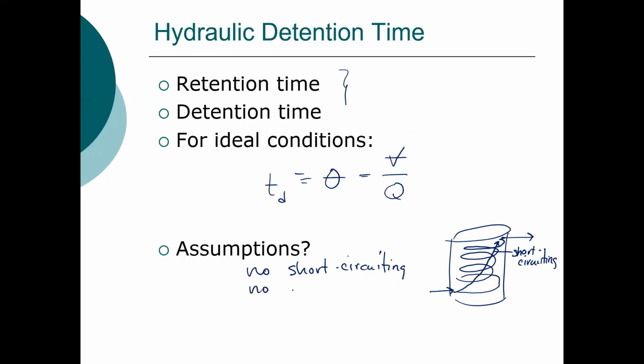We'll assume that we have no frictional losses. So we don't have rough surfaces that are changing the flow behavior. And we have no dead zones. So we don't have flow kind of sitting in, for instance, the corner.